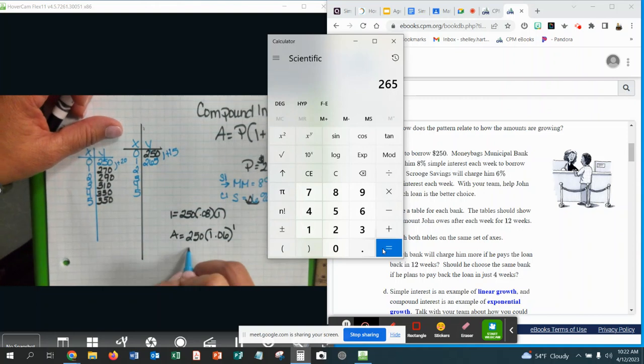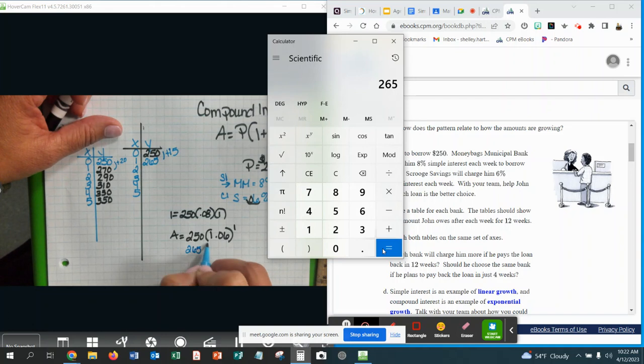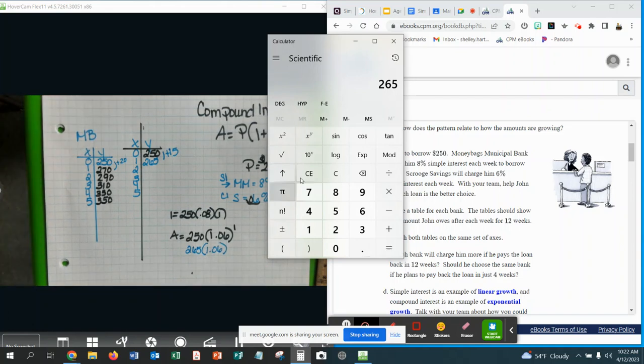So we'll do it again at 265 times 1.06 to get our second week. 265 times 1.06, special button 1 equals 280.90.